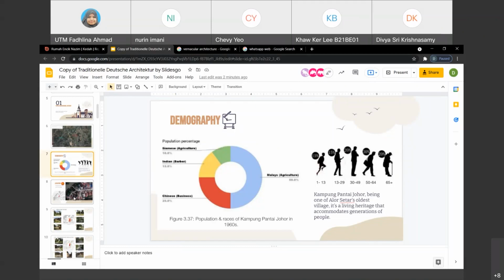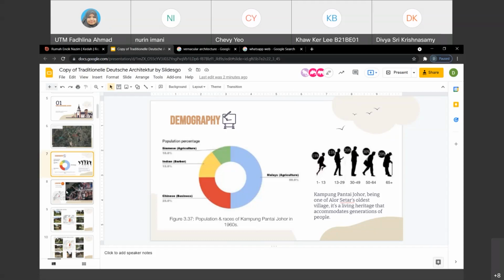So you need to put the references for this one. Because this is demography, it is very specific, and I think it is too old, 1960s. So we need to make sure that all the information is correct, and then you need to put the references. Right. Okay.